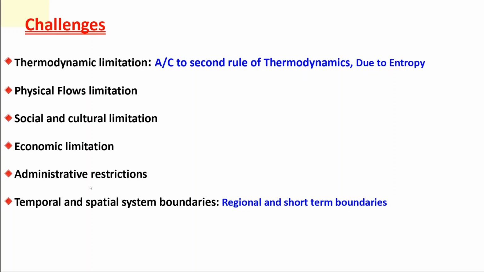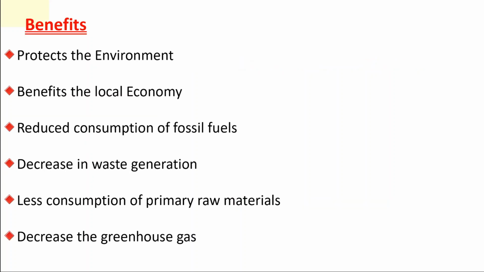Economic limitation, administrative restriction, temporal and spatial system boundaries at the regional level. We see that in one region they follow, and in another region they do not follow. So this is another type of problem. Benefit of circular economy. We are saying that there are many benefits, but most of them are here.